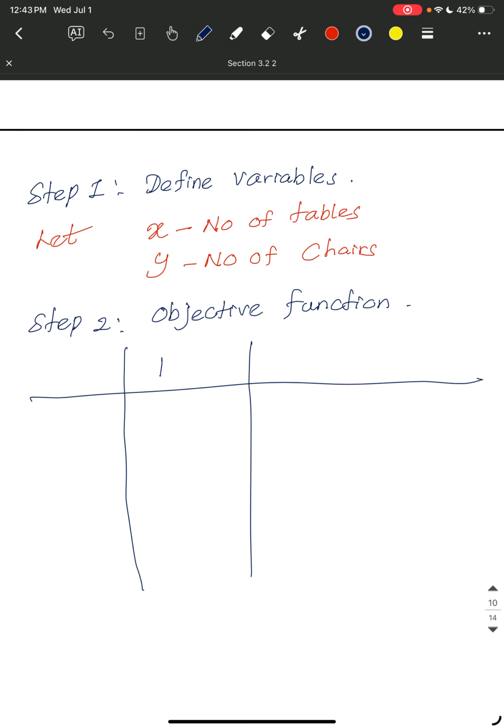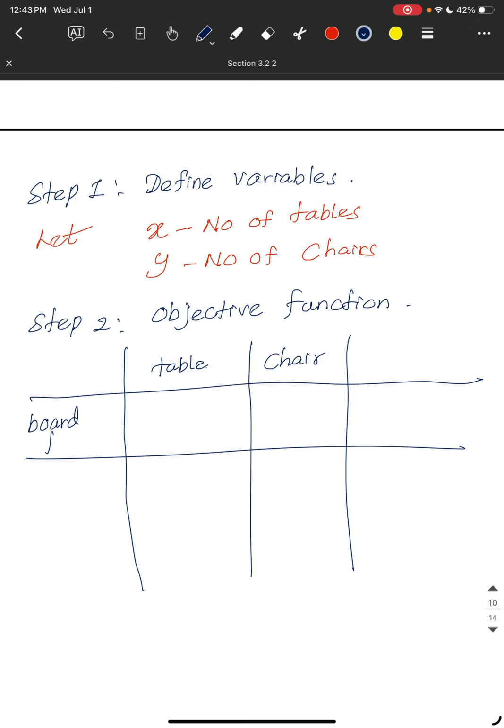Let's say tables and chairs. Also, what are the things? Board feet and labor hours. Also, profit and availability.